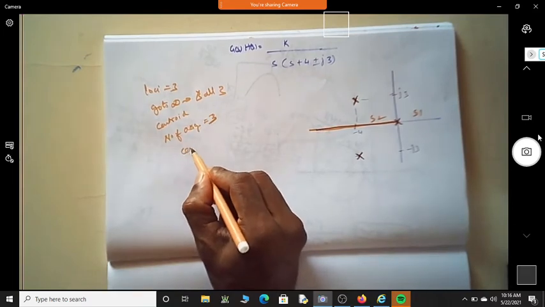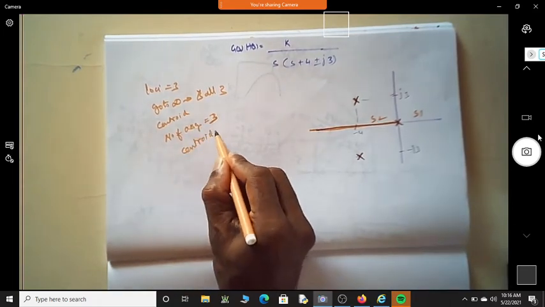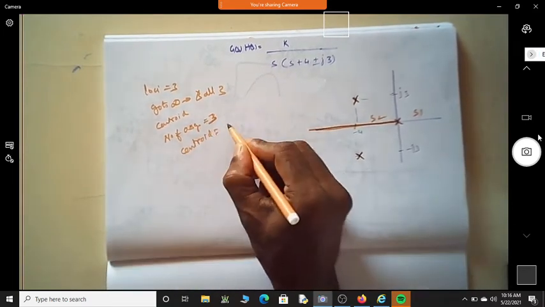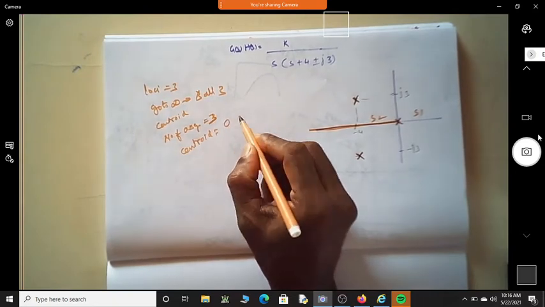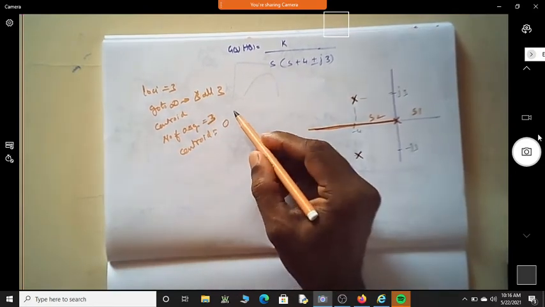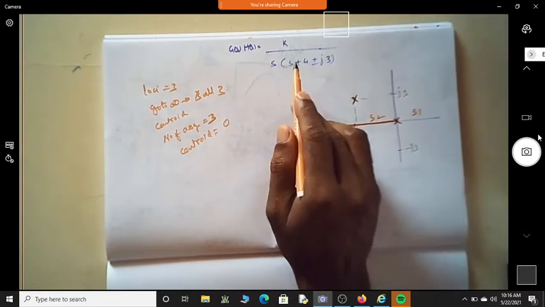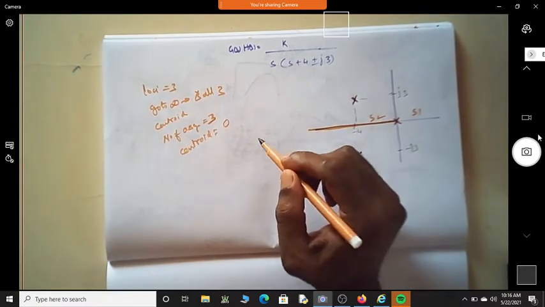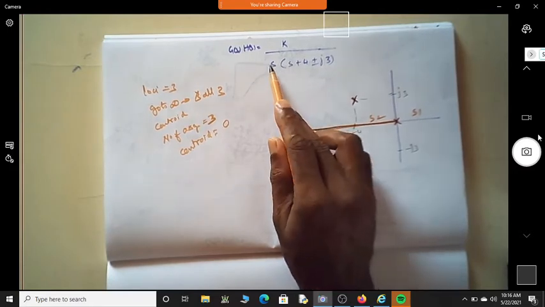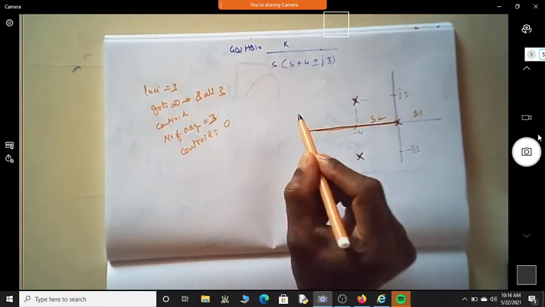Then the centroid. It is the summation of the real parts of the open loop poles minus the summation of the real parts of the zeros. What are the open loop poles and zeros here? Sorry, real parts.